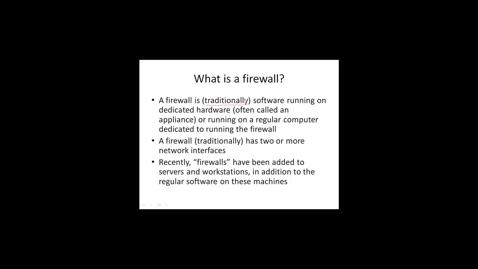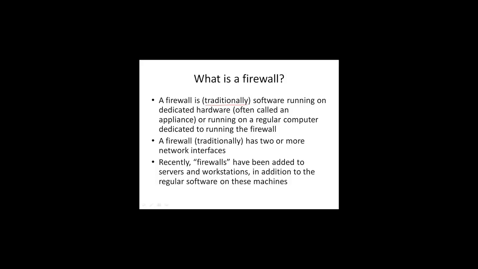Now this is a fairly new word, but it is used extensively. Or it's software running on a regular computer that's dedicated just to running the firewall. That's what its job is, or maybe one of its main jobs.